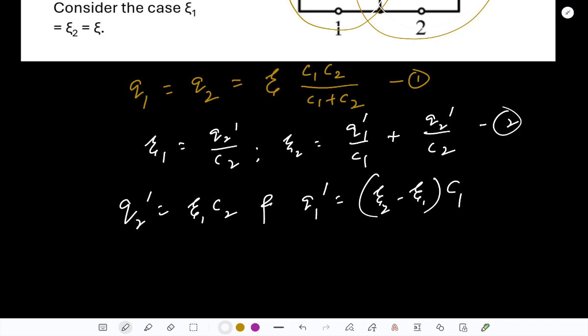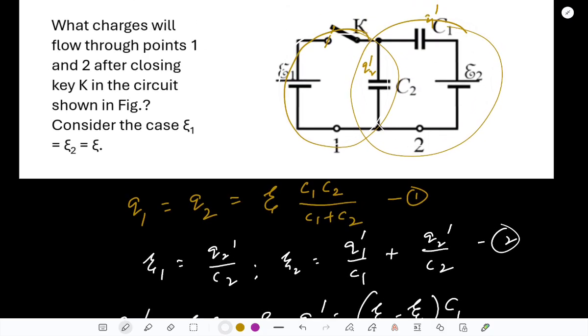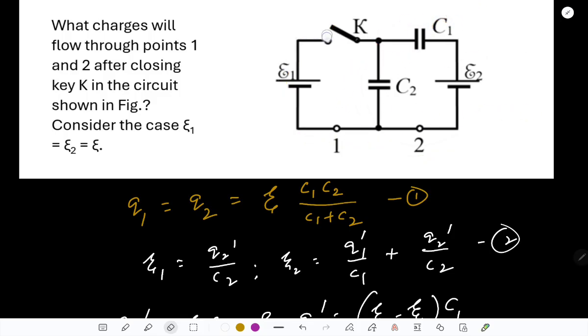Now I can see one important thing. If we focus on point 2, this point, we notice that the charge of capacitor C1 can only be changed along the path through point 2, because point 1 doesn't come into its path.